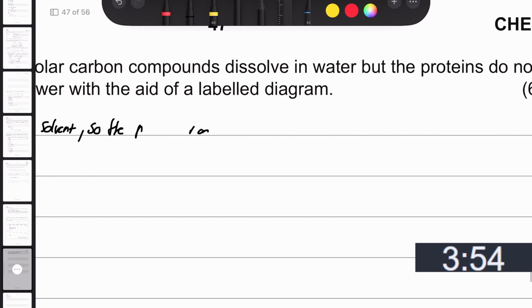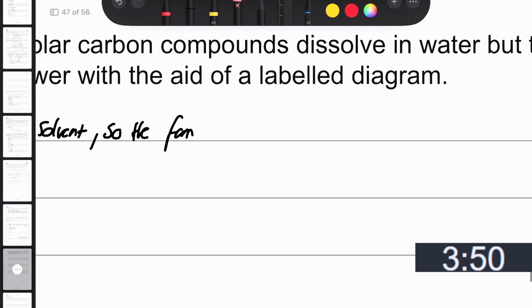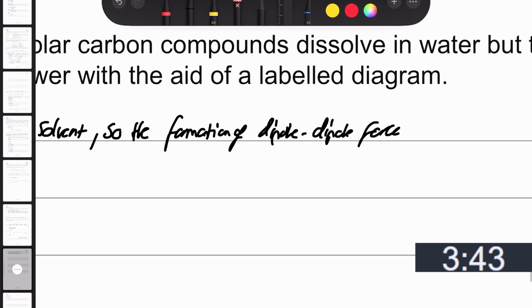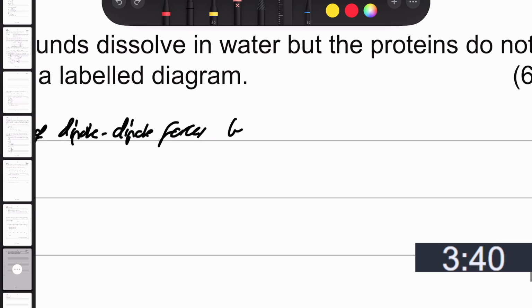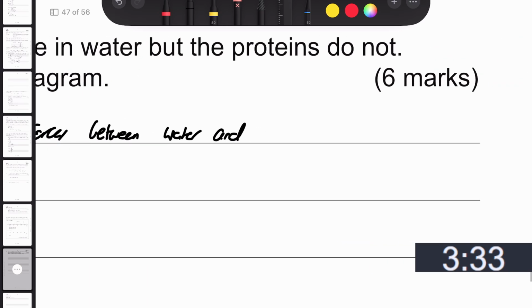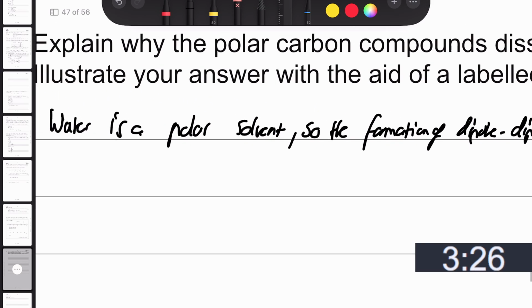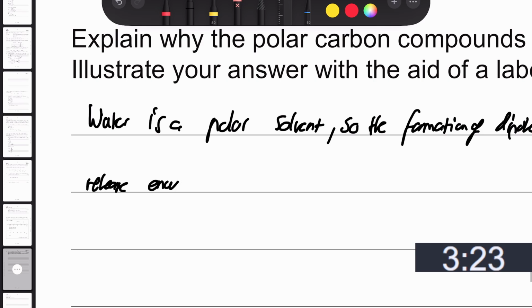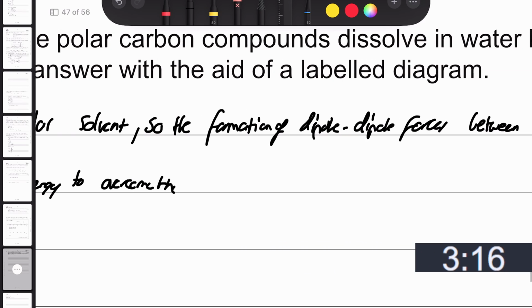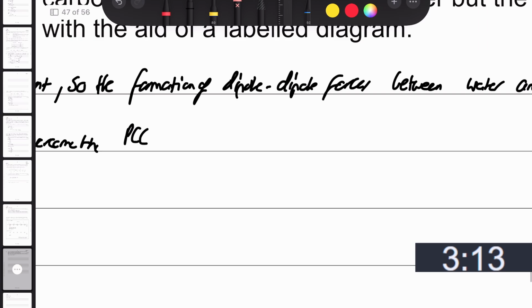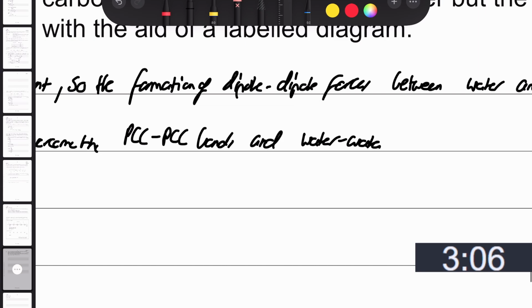Rewrite this. So the formation of dipole forces between water and polar carbon compounds releases enough energy to overcome the PCC bonds and water's attractive bonds.